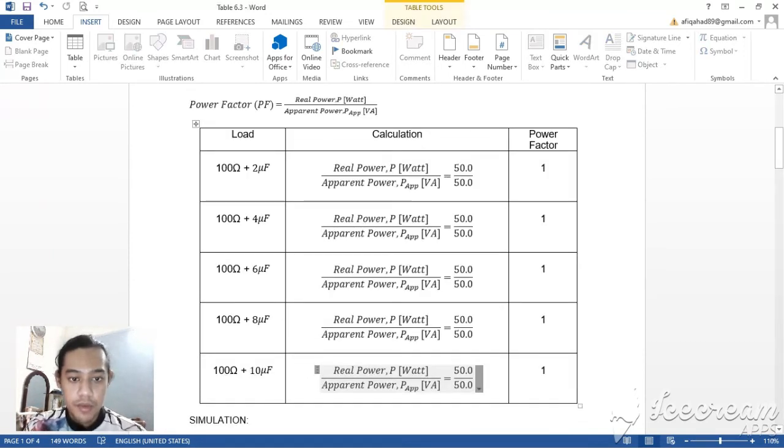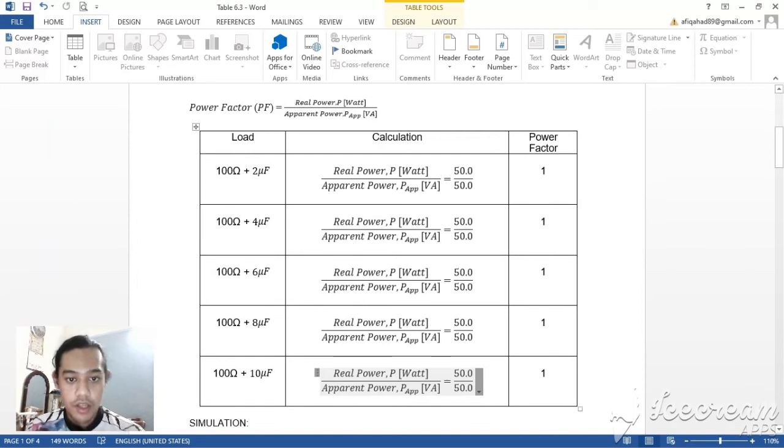From the table above, we need to calculate the power factor using this formula: real power divided by apparent power gives the power factor. For this activity, all of the power factors are 1. That's all for activity 3.